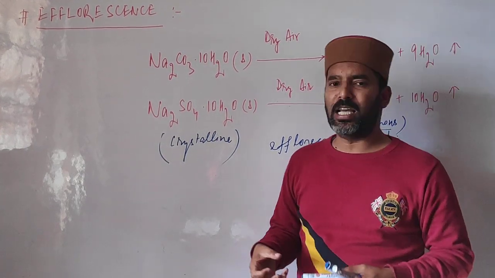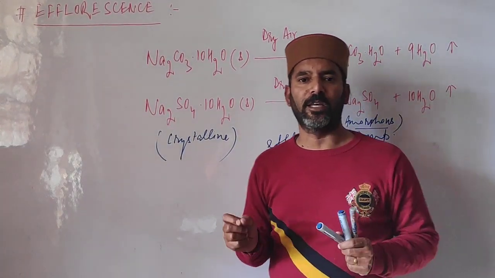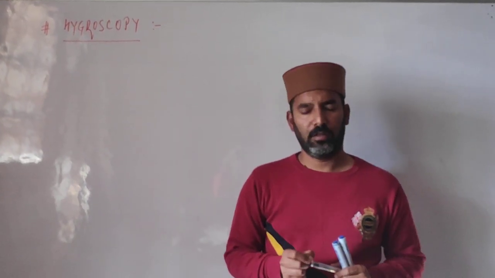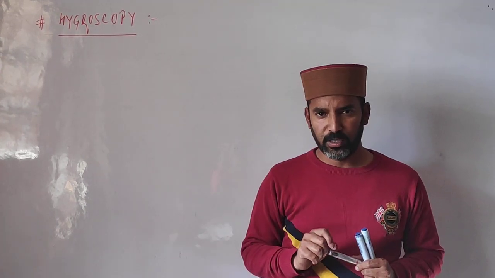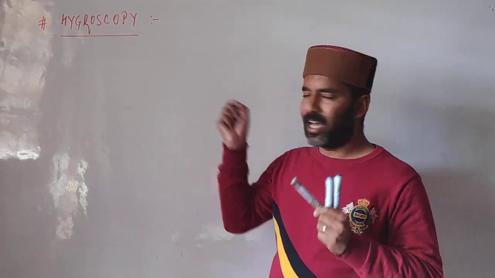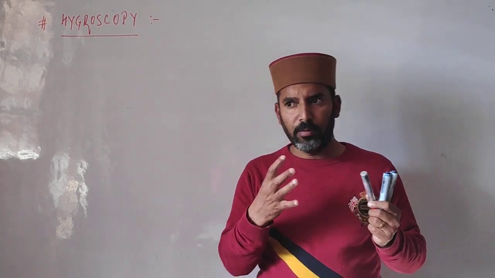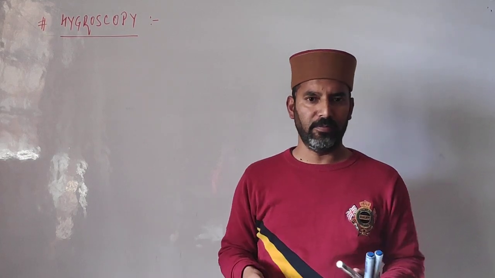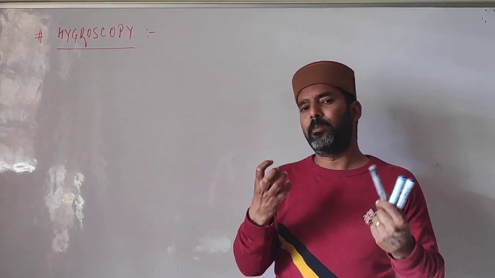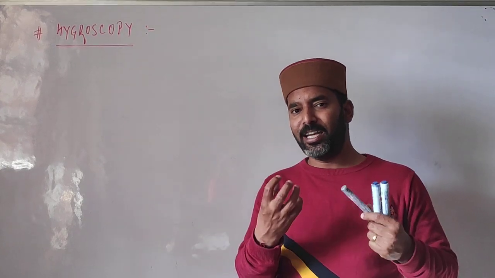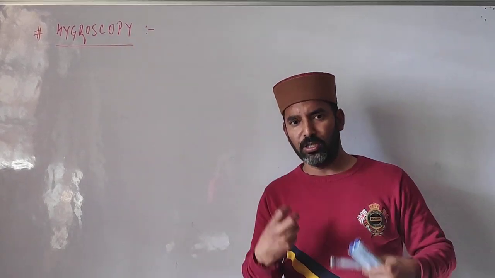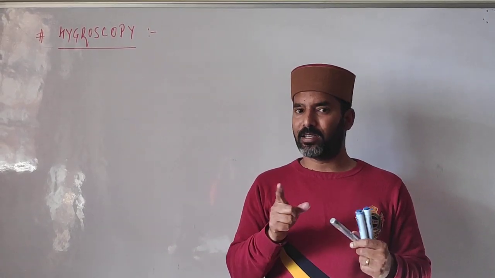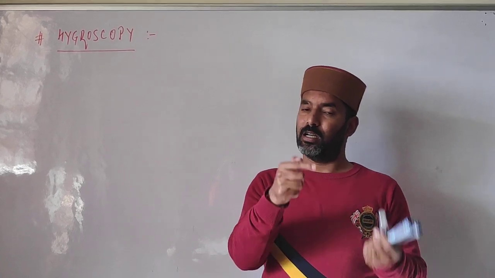Now we will discuss the next property, which is called hygroscopy. Students, we have another important property of salts which is called hygroscopy. Now students, what happens in hygroscopy? Actually जब हम कुछ salts को atmosphere में expose करते हैं, even for a short time, then some compounds or some salts have a tendency to absorb moisture, or water vapor, from the air, but they do not dissolve in the absorbed water.